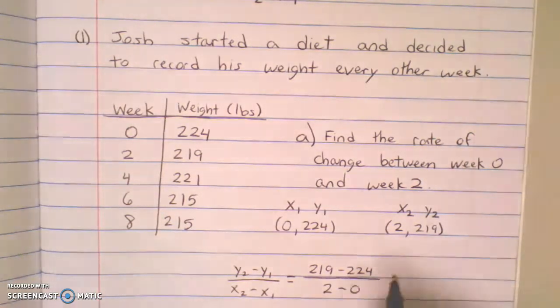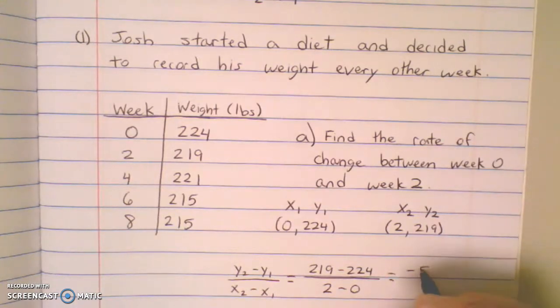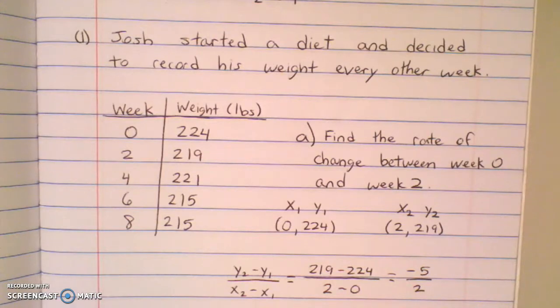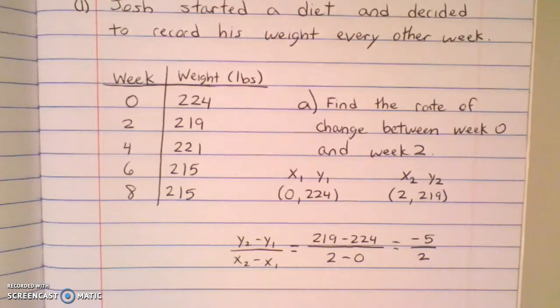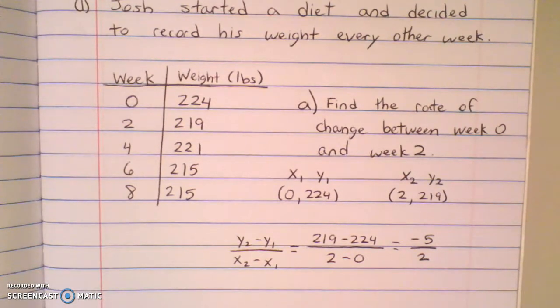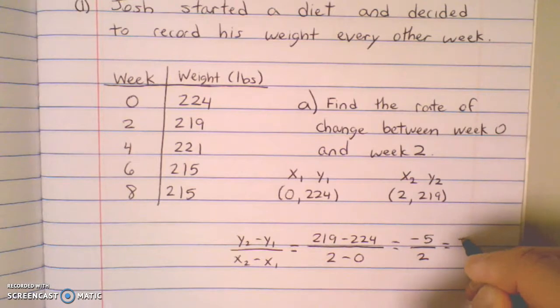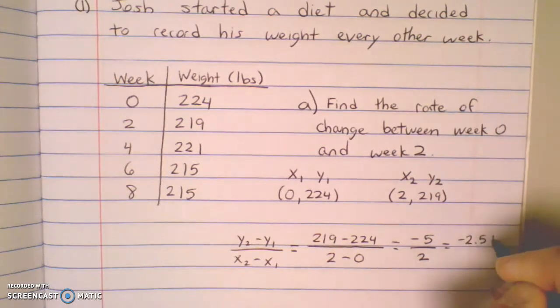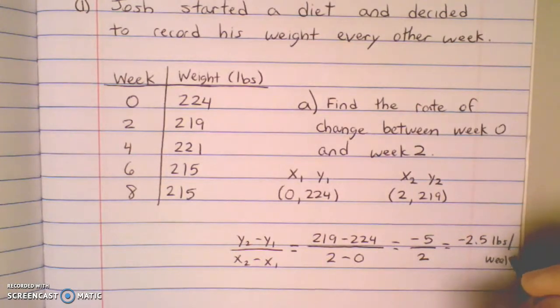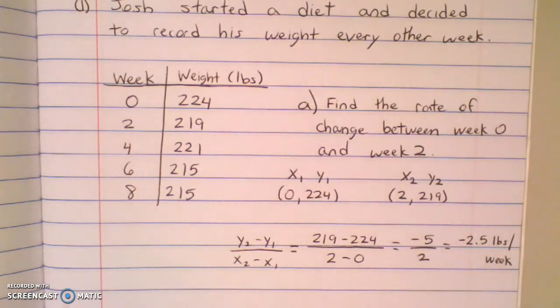Subtracting these two numbers, I get negative 5 over 2. So using the context of the problem, this means that Josh lost about 2.5 pounds per week between those two intervals.